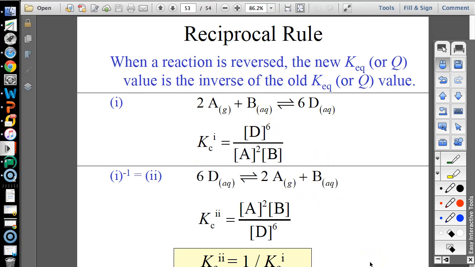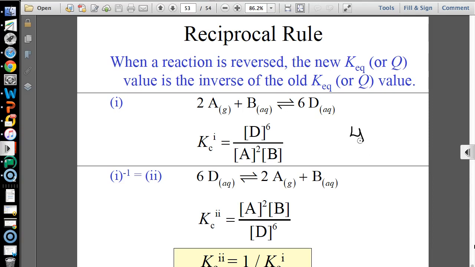Well, if I reverse the reaction, my reactants are now products, and my products are reactants. So notice that this little guy used to be on top, but now he's on the bottom. So my new K value is now the reciprocal of the old one when you reverse it. If K up here was 4, I did the math, I got 4, well, my new K value would be 1/4.